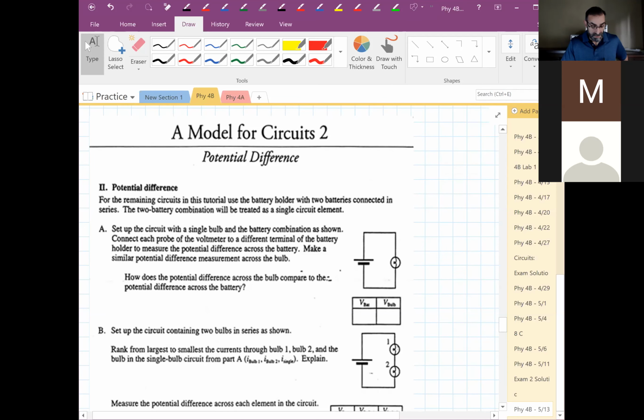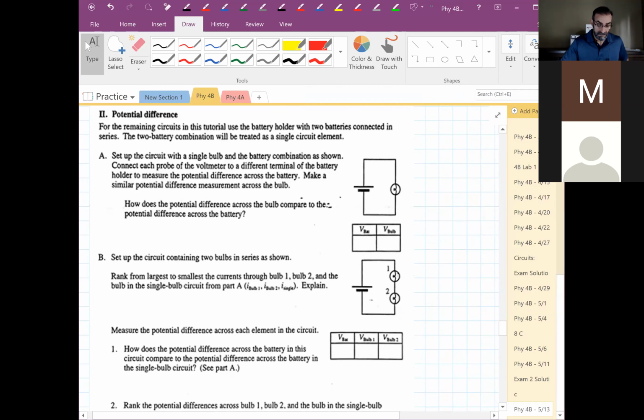Okay, potential difference. So now we've got a light bulb. Here's a single light bulb and a battery. And so what's the potential across the bulb?